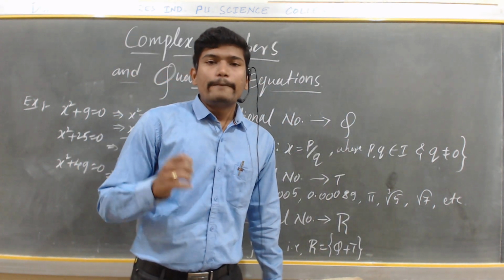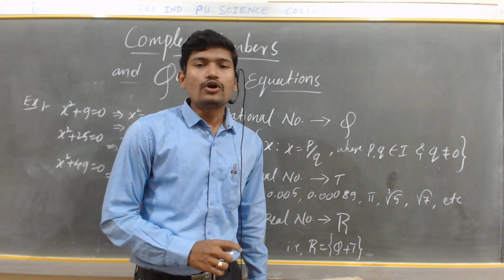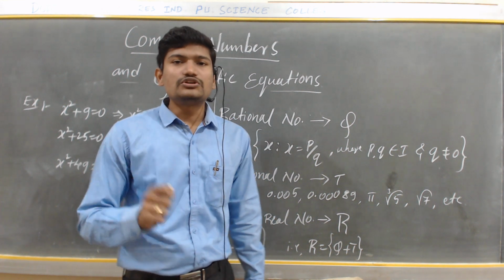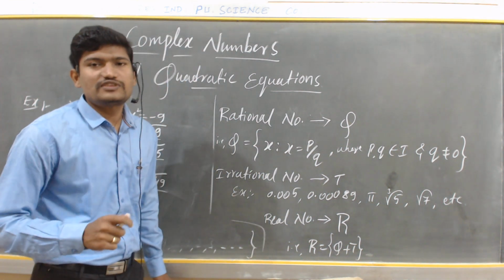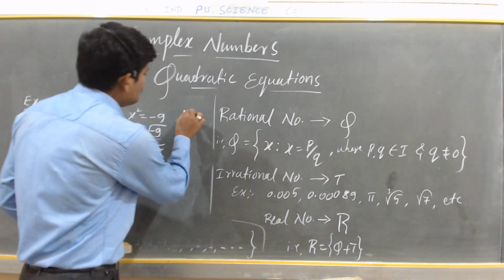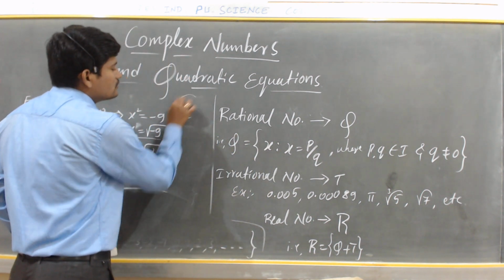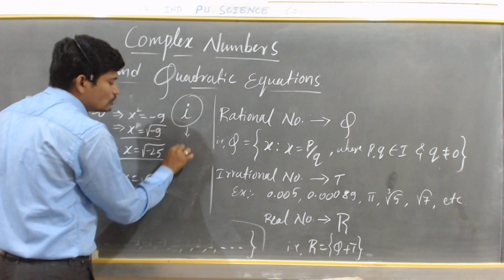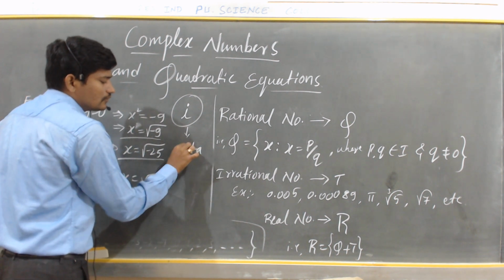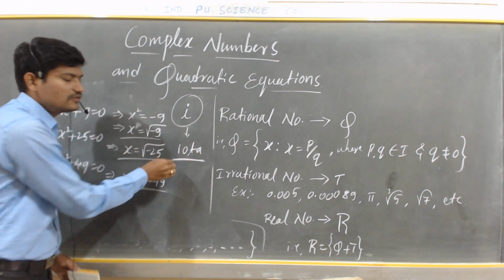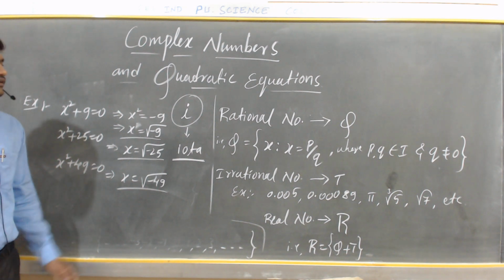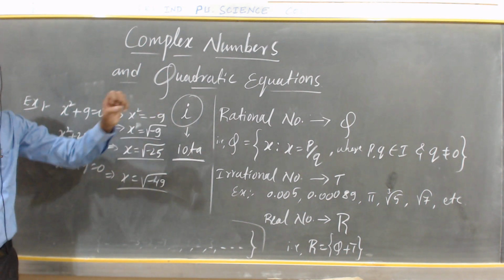For that purpose, the mathematician Leonhard Euler was the first mathematician to introduce the symbol i. So what is i? Iota. This is a Greek word. i is an imaginary number.